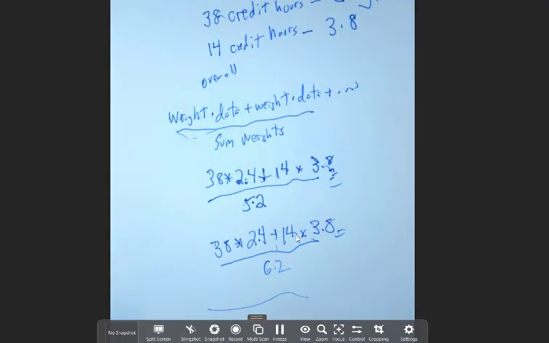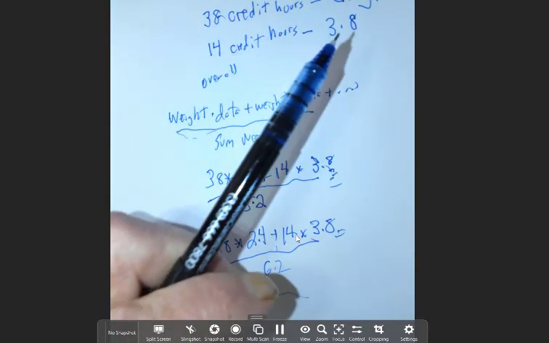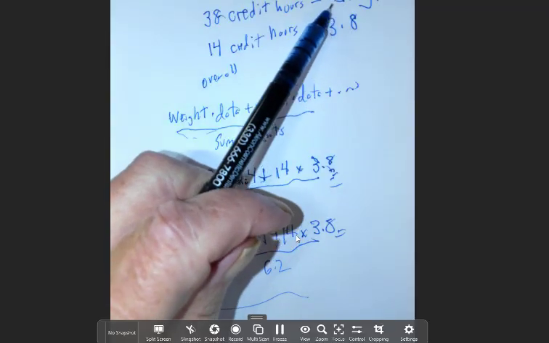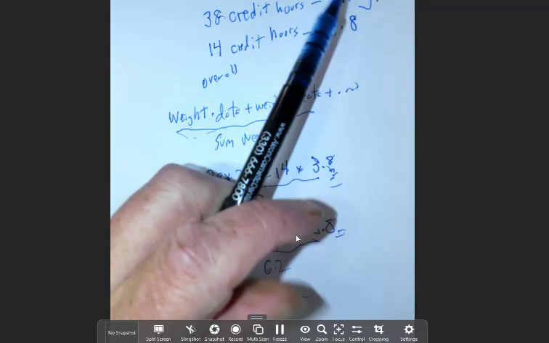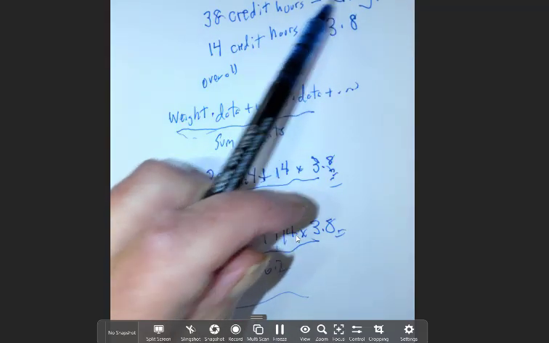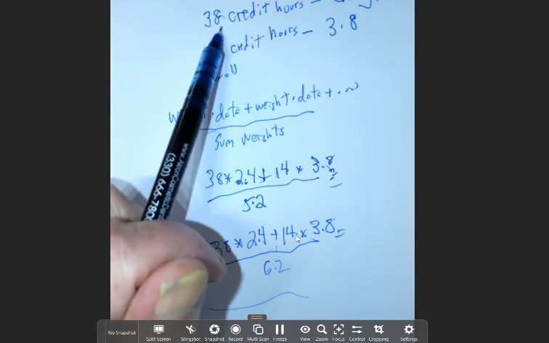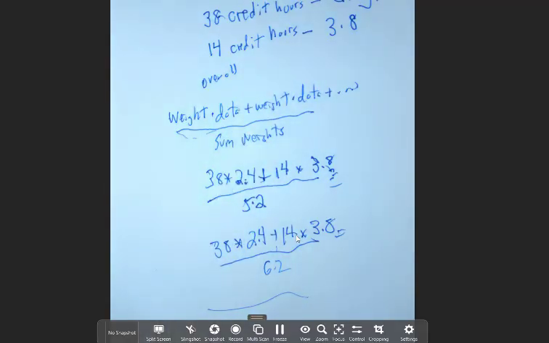Now it should be obvious that our answer is going to be greater than 2.4 but less than 3.8, and a little bit more towards 2.4 because there's more weight coming here, right? So let's do the first one here. 38 times 2.4 plus 14 times 3.8, and I got 144.4.